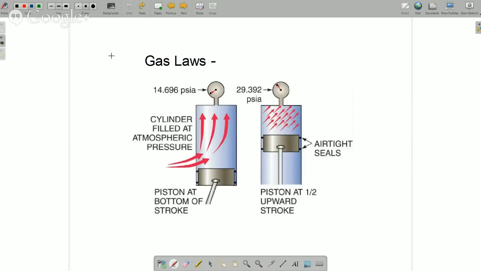All right, so we also talk about gas laws in modules 1 and 2, and this is an example of a piston. It has an air cylinder at atmospheric pressure with air in it, but the principles are the same. So the air inside of this piston has molecules.